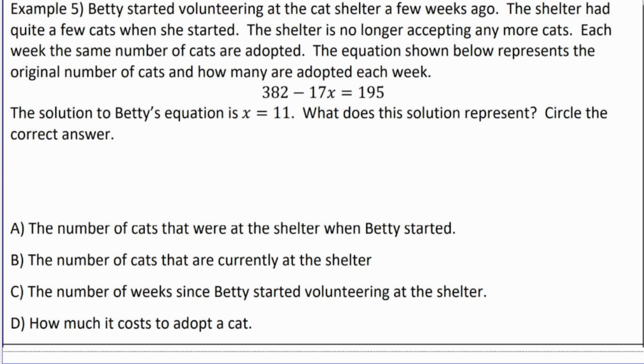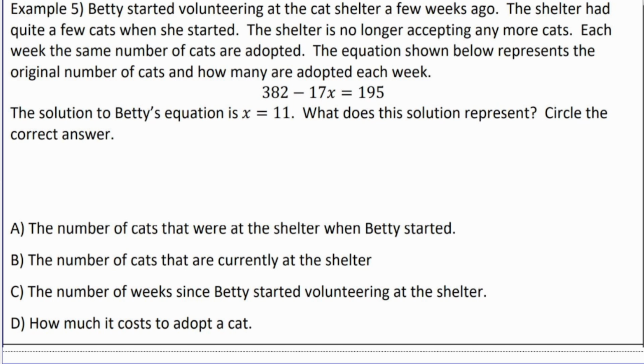So when she first started there was 382 minus 17x, where 17 cats have been adopted each week, and now is equal to 195, and that is the current number of cats. So when we subtract 382 from both sides, divide by negative 17, we get x equals 11.